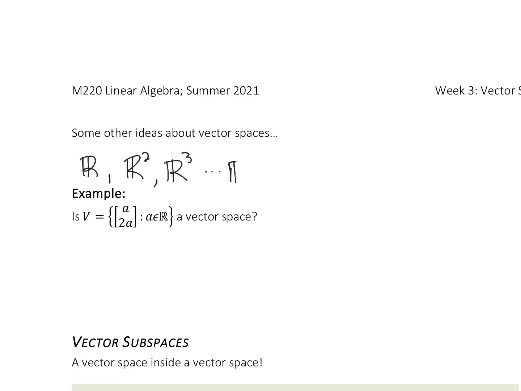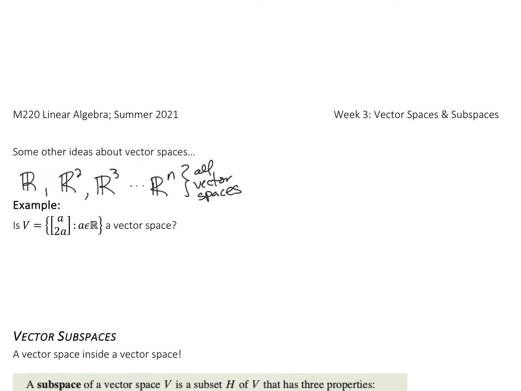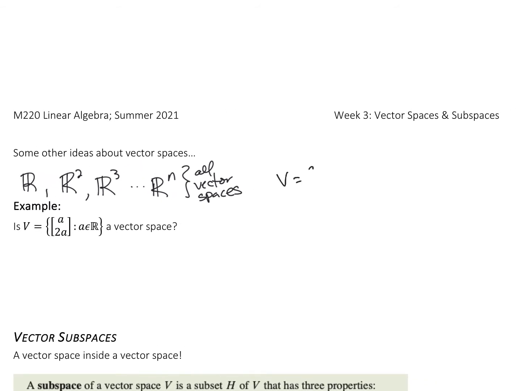In fact, any R^n is a vector space. The vector space made up of just the zero vector is also a vector space. This is called the trivial vector space.